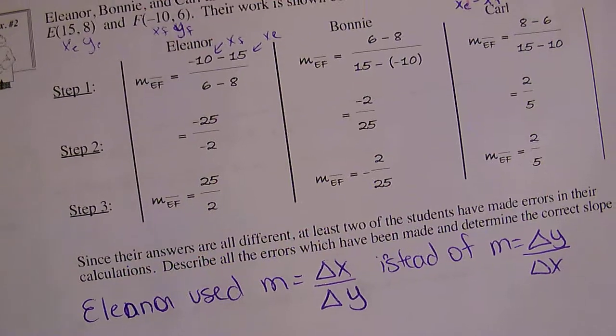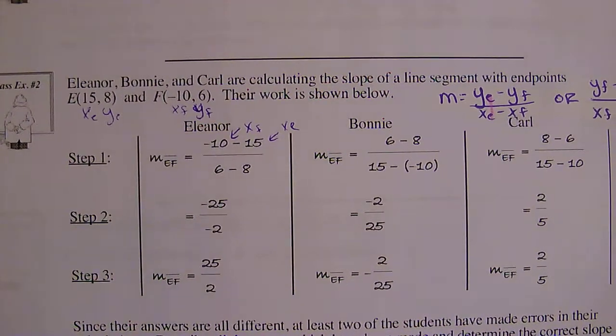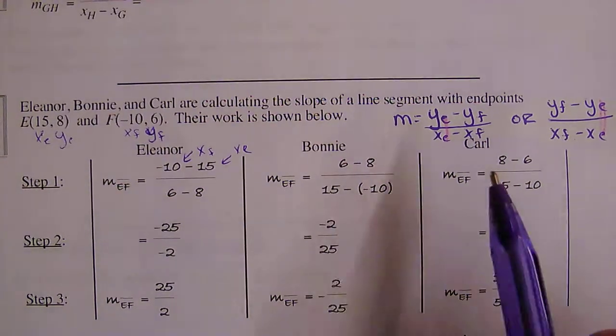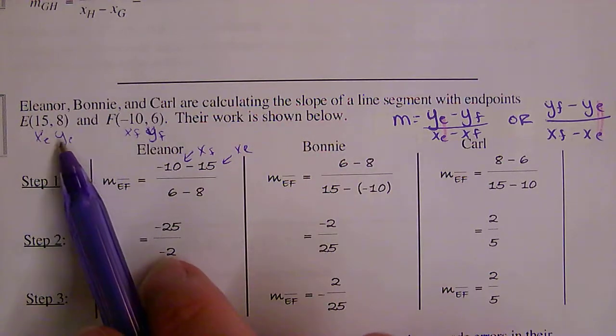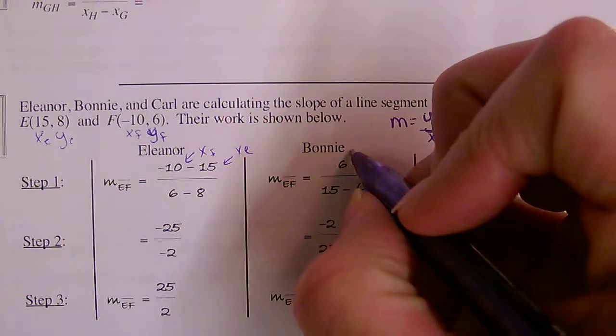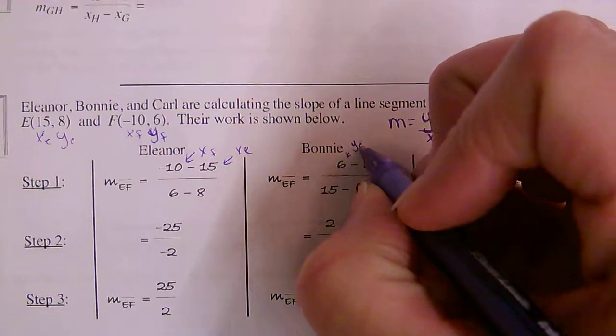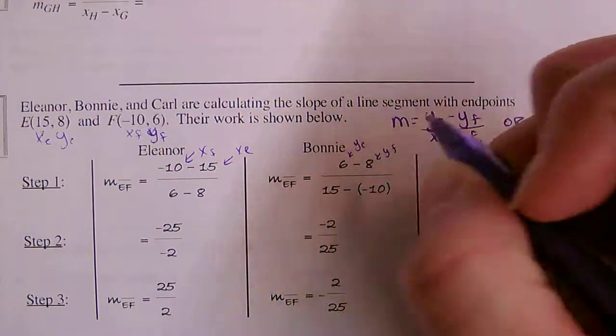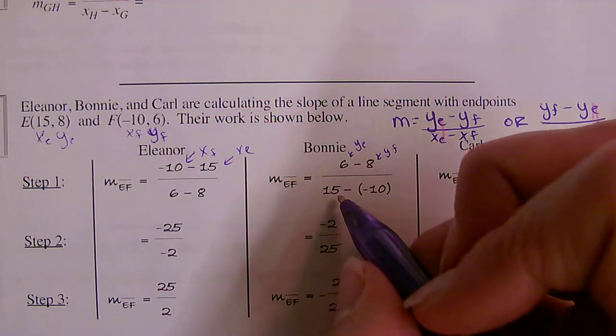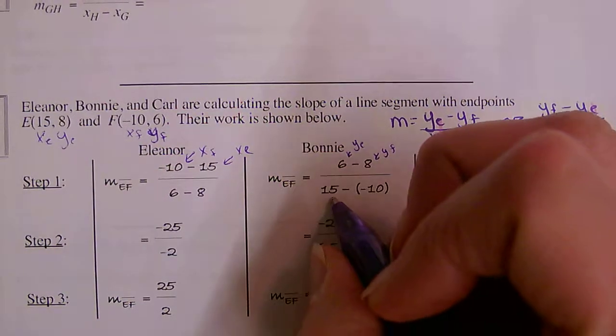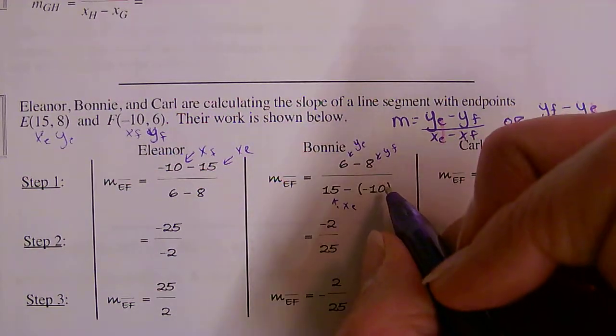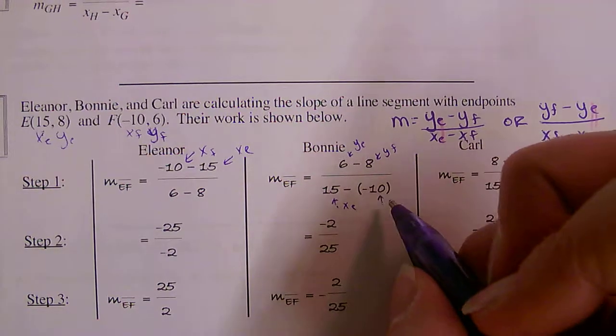Let's look at Bonnie. Bonnie has the y's. The y's are 8 and 6, so this one is ye, this one is yf. Then 15 is xe, and negative 10 is xf.